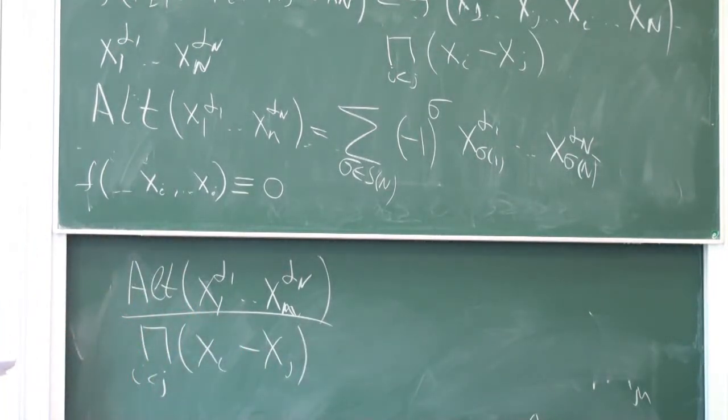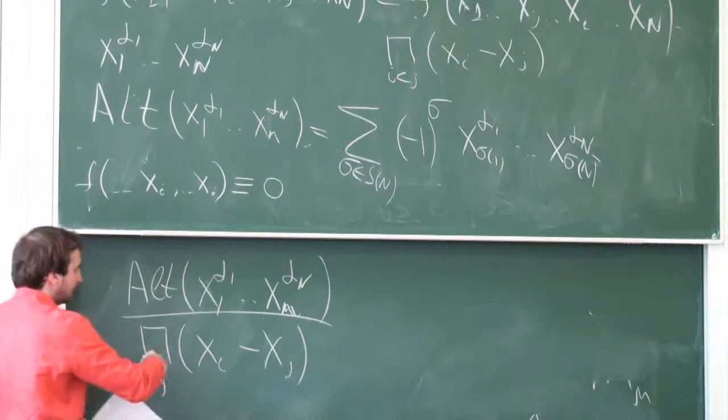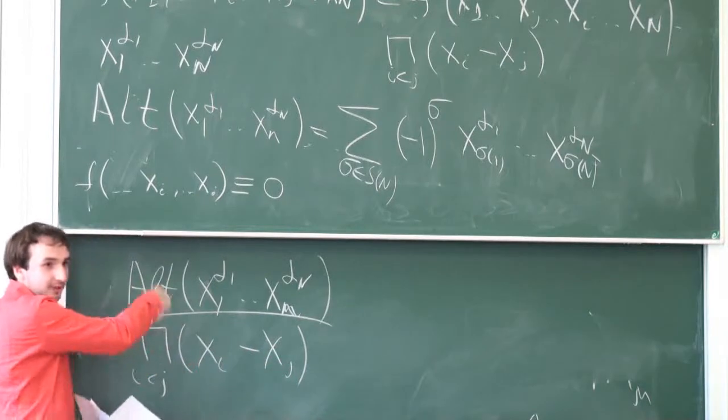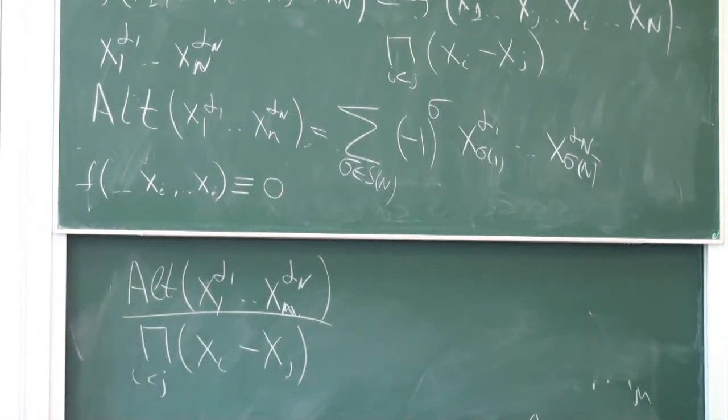What you get is already a symmetric polynomial, because this part is skew-symmetric and this part is also skew-symmetric. It means that the ratio is a symmetric polynomial.